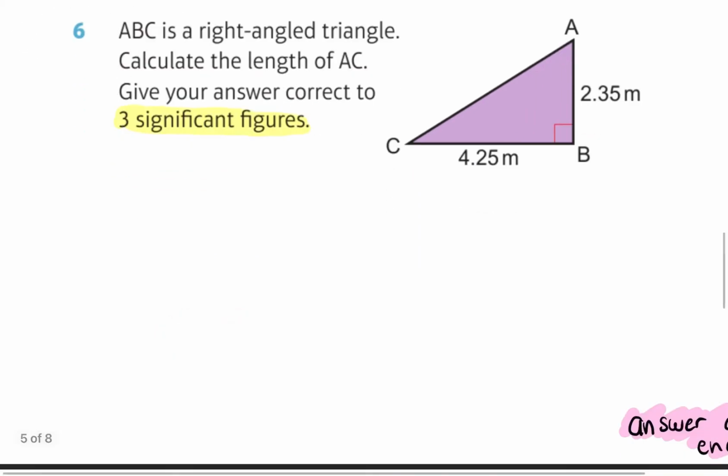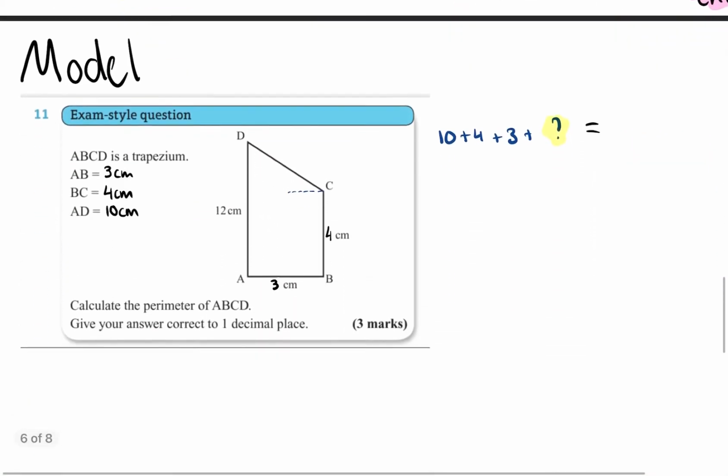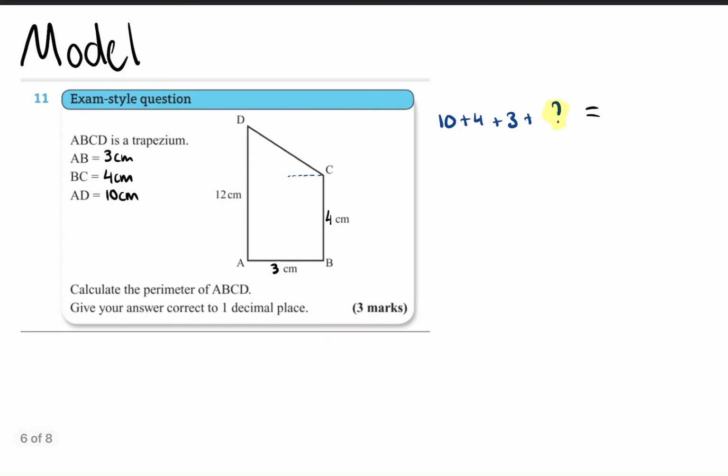We'll move on. Okay, here's a little model. Right, ABCD is a trapezium. AB is 3 centimeters, BC is 4 centimeters, and AD is 10 centimeters. What's the perimeter? Well, pretty basic question, but we're missing some information. So the perimeter is adding up all the lengths. We can see here that we're missing DC.